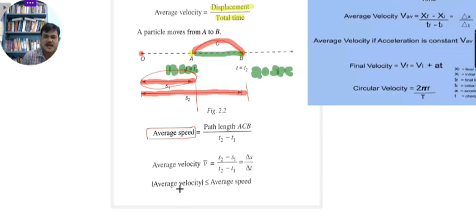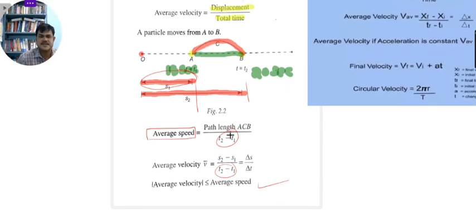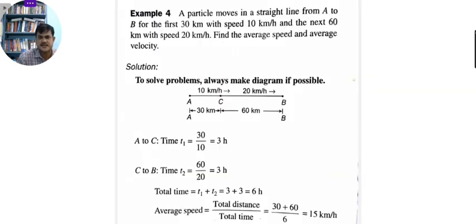Already I know displacement is lesser than or equal to distance. The time taken for the two is the same, so I can understand average velocity is always lesser than or equal to average speed. Clear? Thank you.